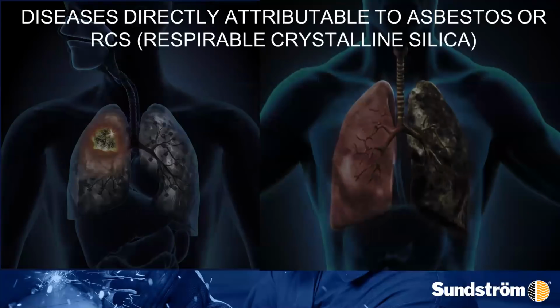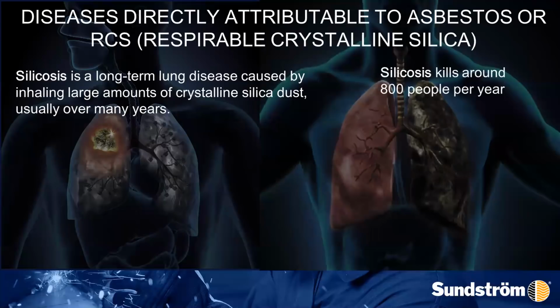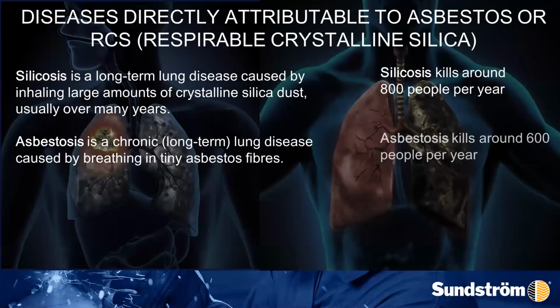If we take some specifics, I believe that you've been doing quite a lot of work on silica and asbestos already, but silicosis will, by the latest numbers, kill around 800 people this year. Asbestosis around 600. And those two diseases are part of a group called pneumoconiosis diseases, similar to farmer's lung or coal miner's lung. They're diseases that do affect the alveoli and reduce your capacity to process oxygen in and CO2 out.